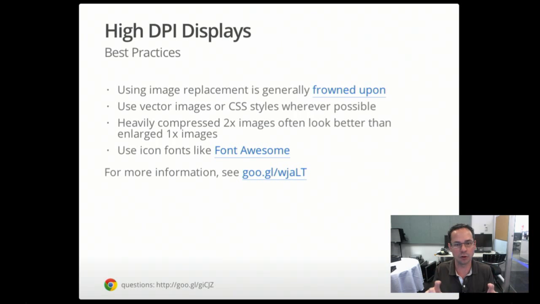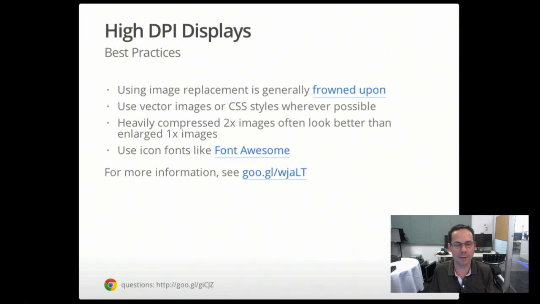If you need to put images in your page, Boris Smus, one of the guys on the Chrome DevRel team, has a great article on HTML5 Rocks where he compared taking a high DPI image and compressing it a lot versus a single size image, or versus a high DPI image that wasn't compressed a lot, and compared the file size. He actually found that it's to our advantage as web developers to use high DPI images and use a higher compression ratio.